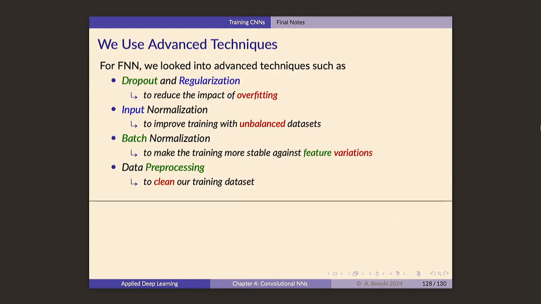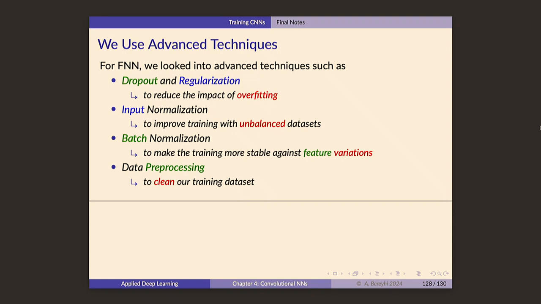Okay? So whatever we talked about before in the MLP, we can again do here. For example, you can do dropout, input normalization, batch normalization, and data processing here. You might imagine it's going to be much messier as compared to the MLP. This is why I did it there, because it is easier to understand, but conceptually it's the same thing.